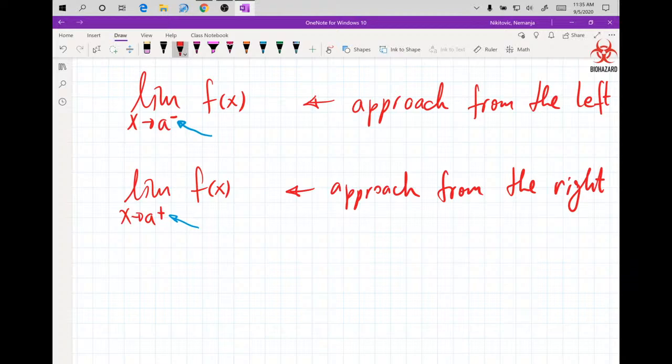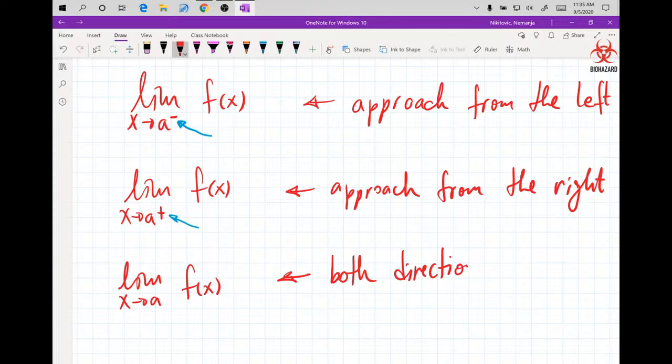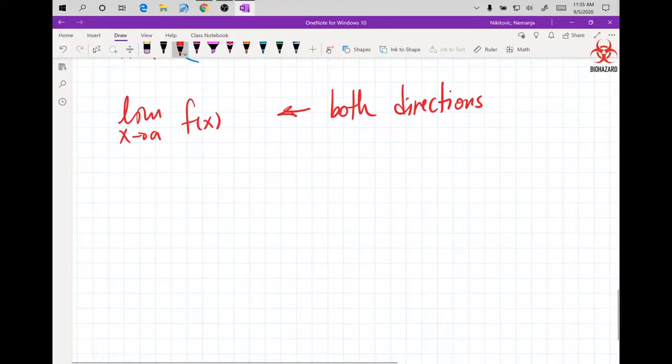But I'm going to add to this now. Limit as x goes to a of f of x, both directions.